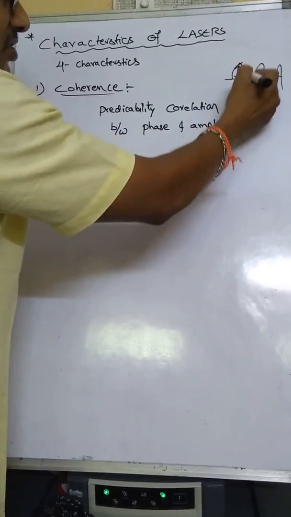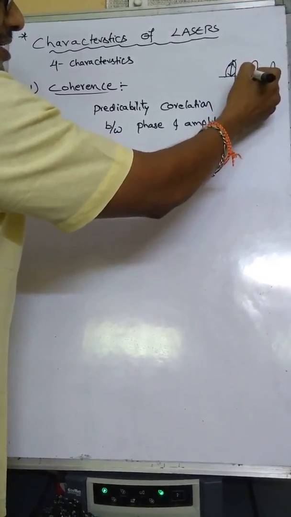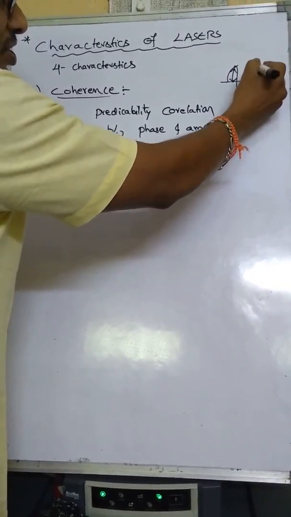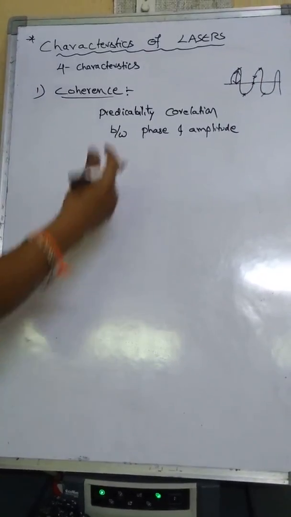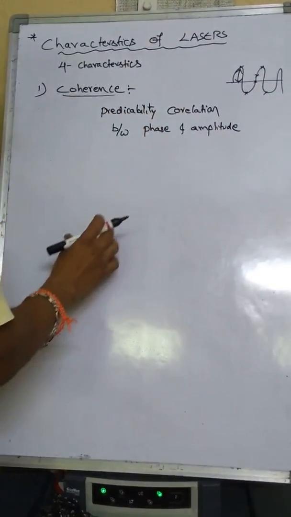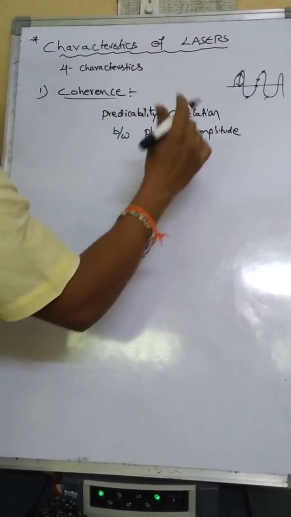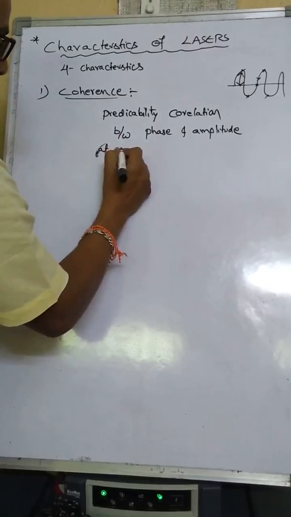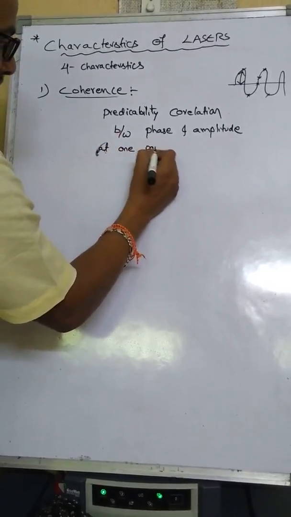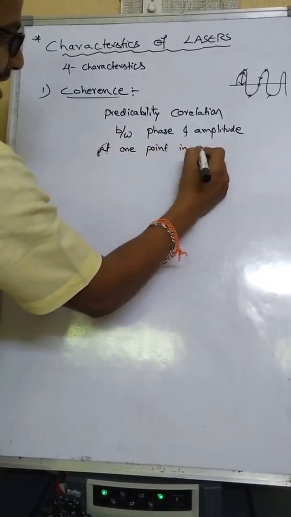And you know that the phase is the position or a point where it is in the mean position or an extreme position, or left extreme or right extreme. So it is the predictability between the phase and the amplitude at one point in a wave.